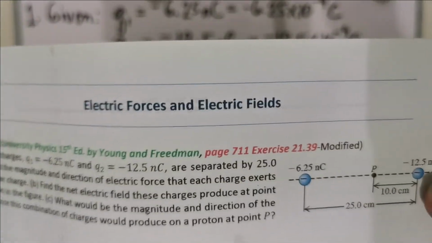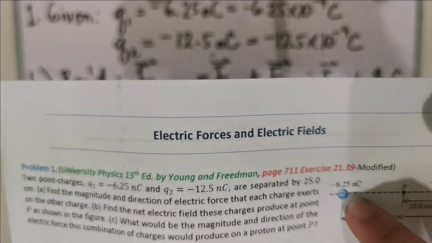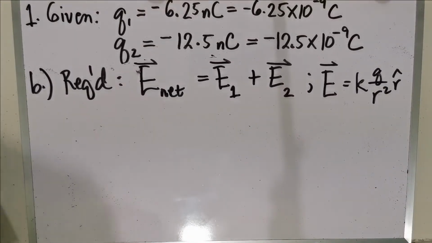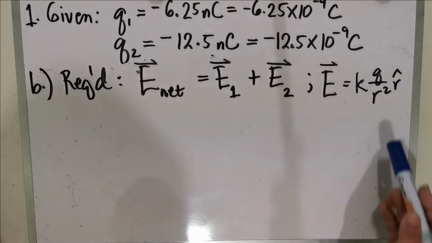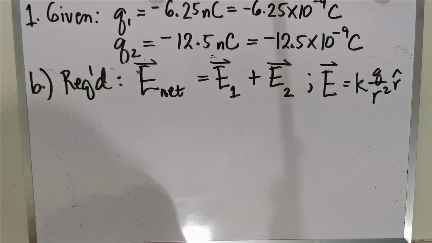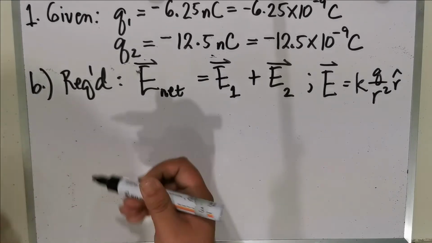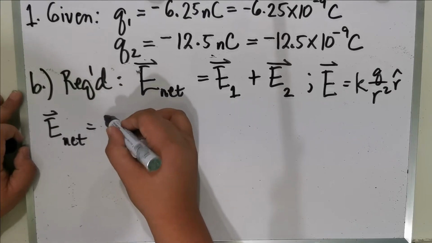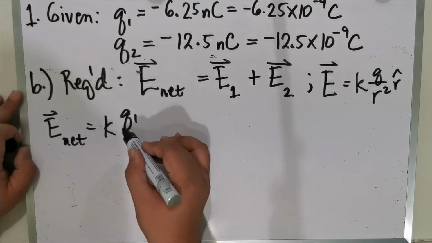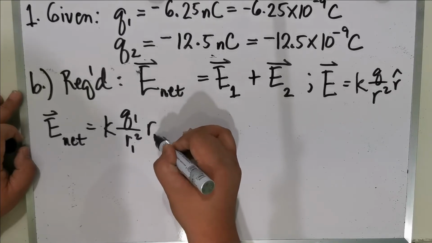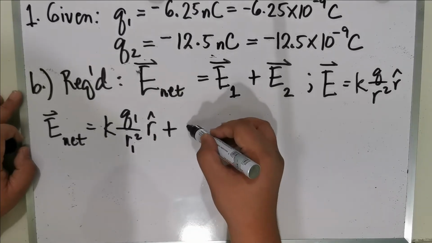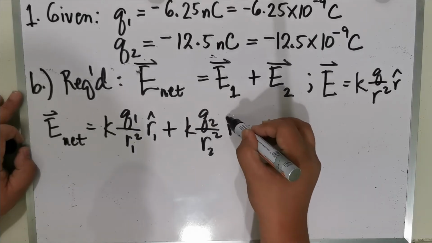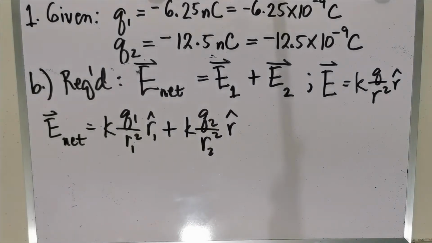So meaning to say, for Q2 your R hat points to the left, and for Q1 it points to the right, since R hat is directed toward the field point. So what we have to do is substitute this equation into this equation here. So for the total or net electric field produced at that point, we then have K times Q1 over R1 squared R1 hat, plus K Q2 over R2 squared R2 hat.